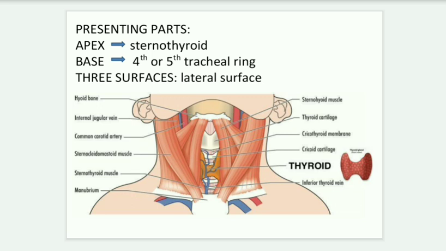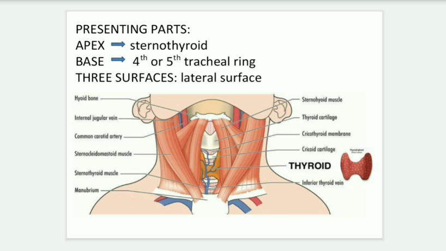It is related to the superior thyroid artery and superior laryngeal nerve. At the base, remember, fourth or fifth tracheal ring, and it is related to the inferior thyroid artery. Your apex is related to the superior thyroid artery and base is related to the inferior thyroid artery.